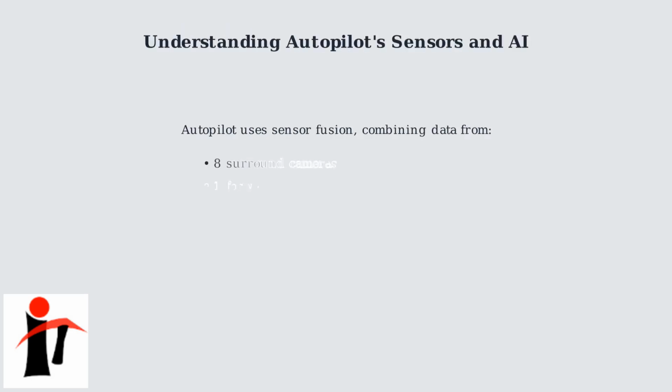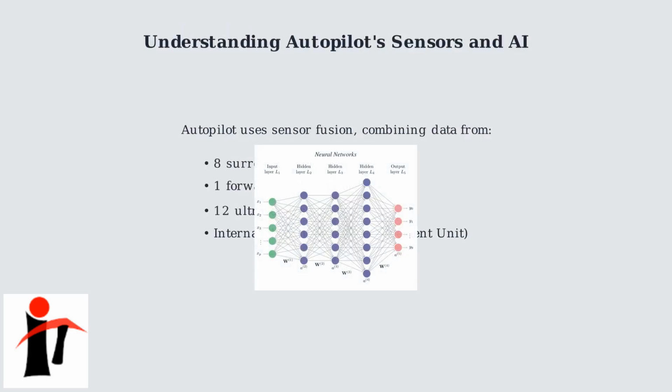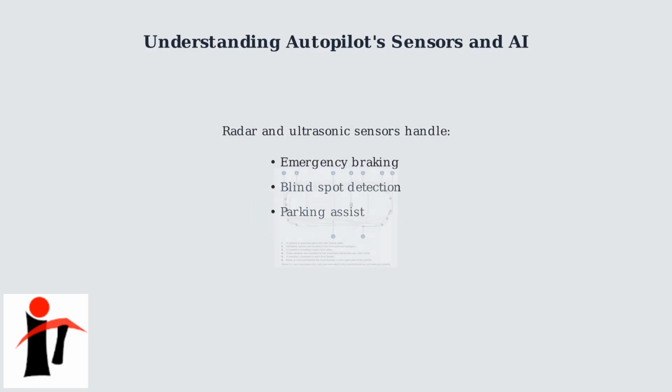Autopilot's effectiveness relies on sensor fusion, combining inputs from 8 surround cameras that provide 360-degree visual awareness, 1 forward-facing radar for detecting objects and speeds, 12 ultrasonic sensors for close-range detection, and an internal inertial measurement unit that tracks the vehicle's movement and orientation. These sensors enable advanced features like collision avoidance and adaptive cruise control.